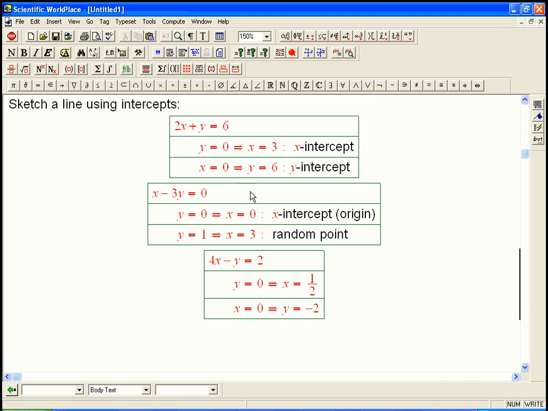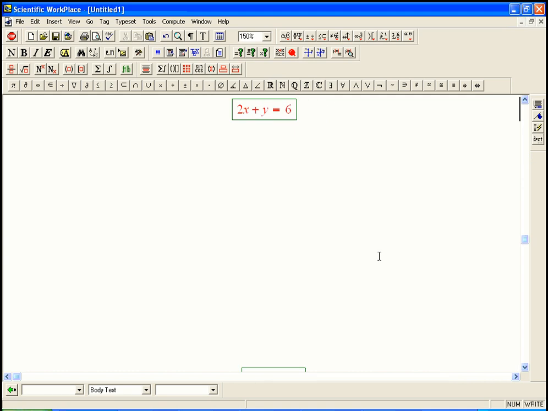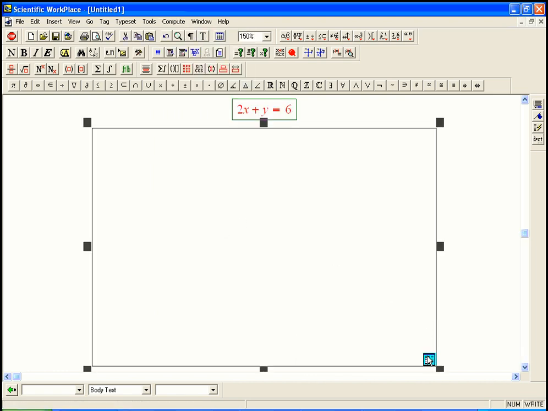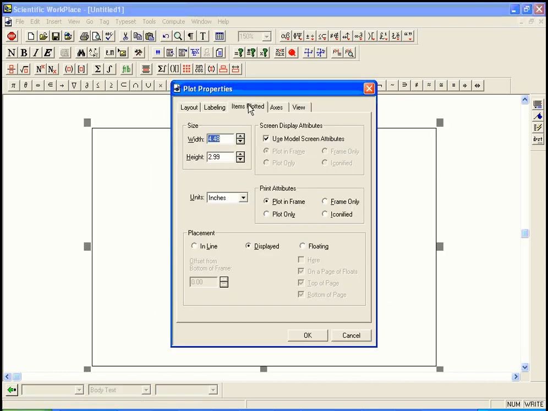And so let me go ahead and let the computer do that for me. Okay, that's not really happening. It's not happy about that.